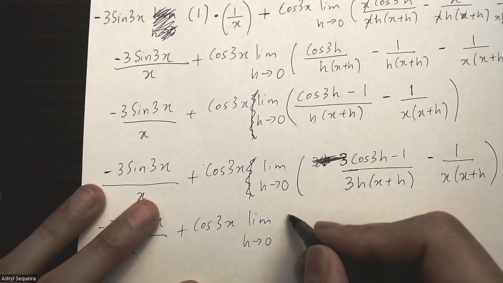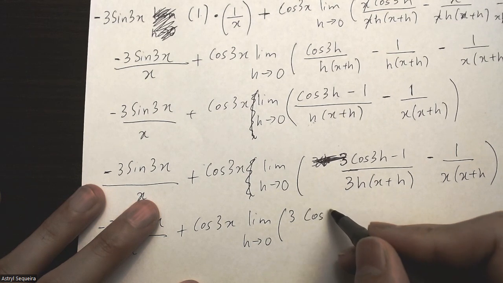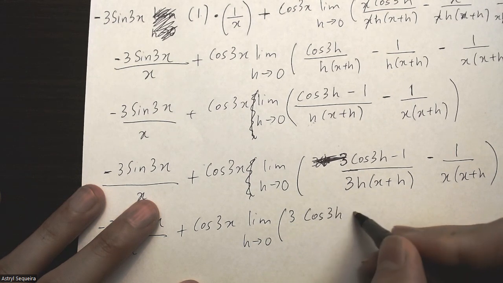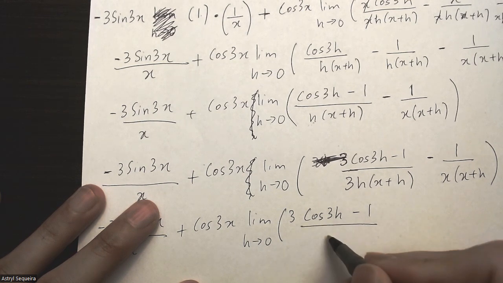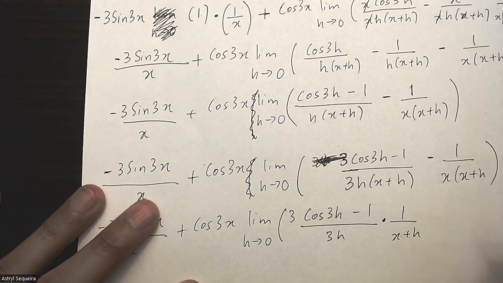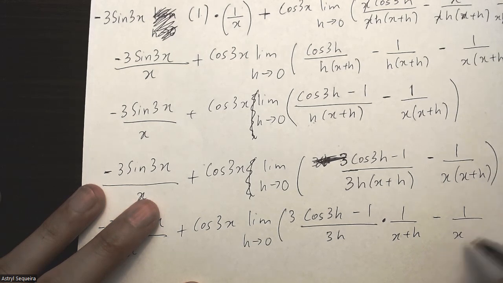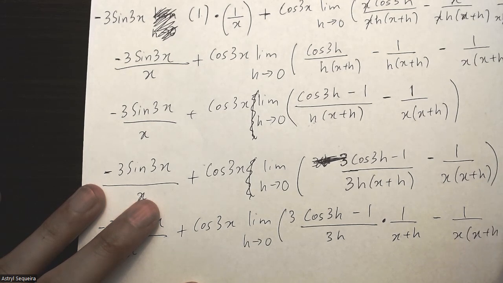And just rewrite it as 3 and cos 3h minus 1 divided by 3h, times 1 over x plus h, minus 1 over x plus h.